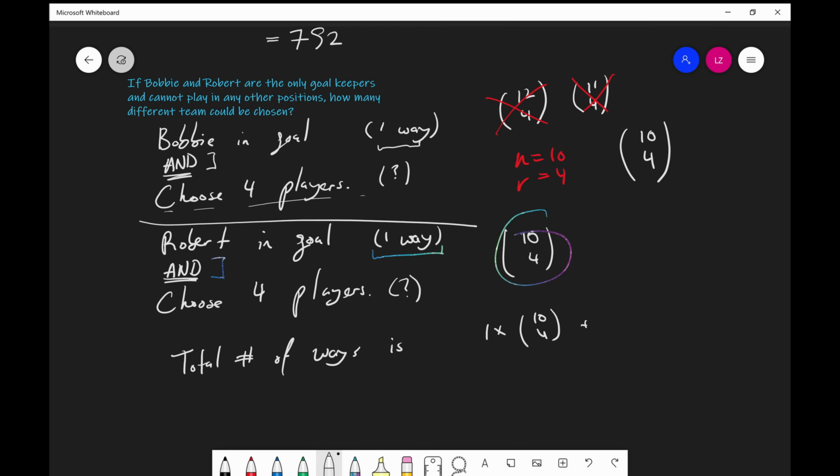So we will do 1 times 10 choose 4, which you should get to 210 plus 210 equals 420. Nice.